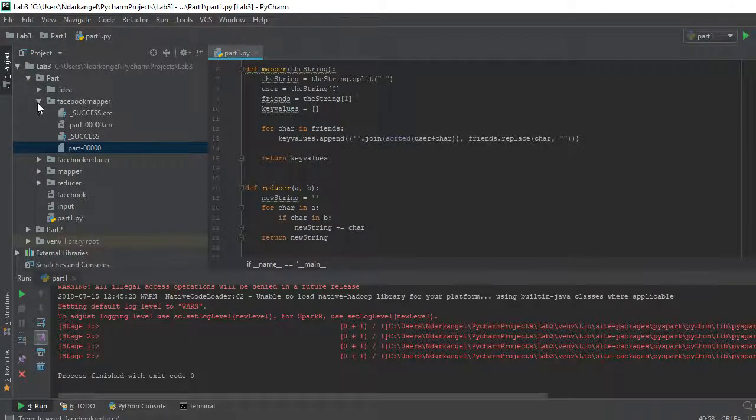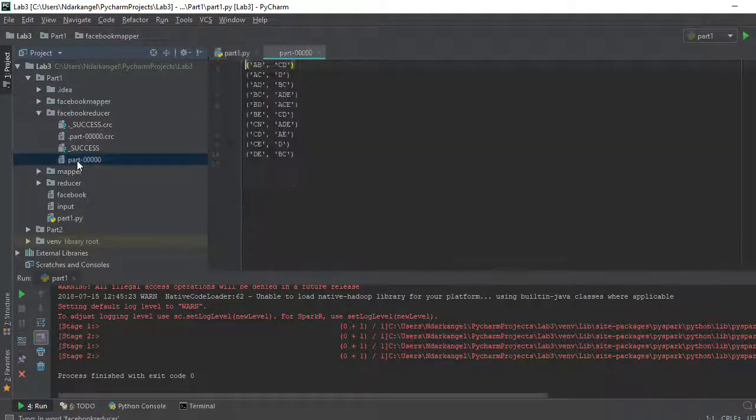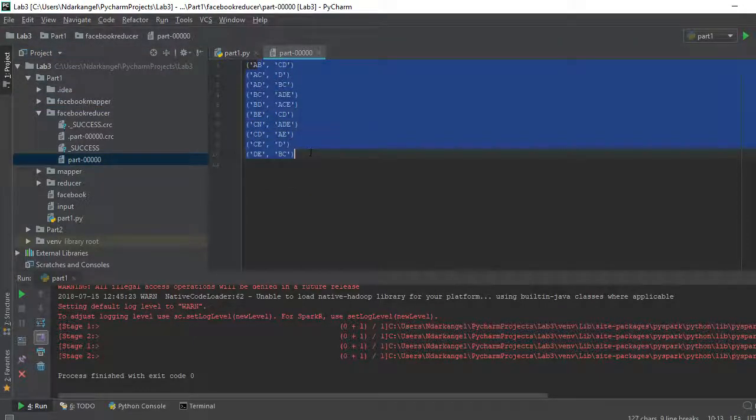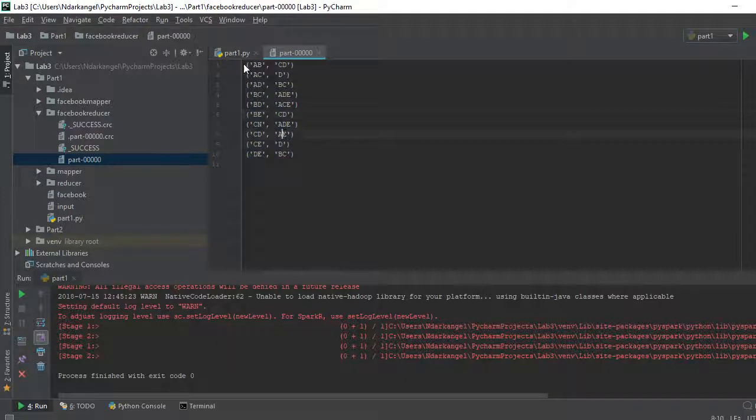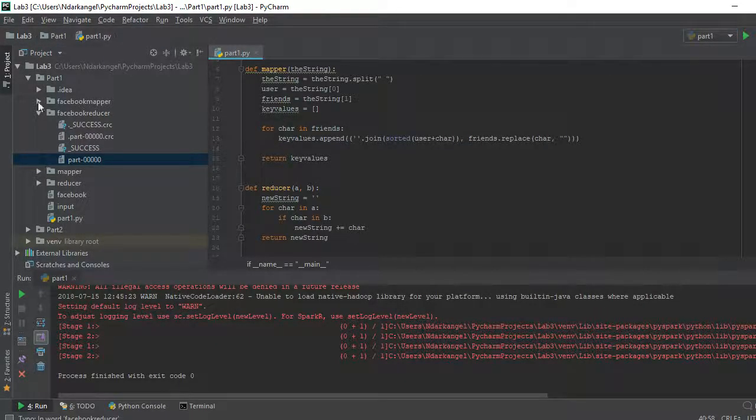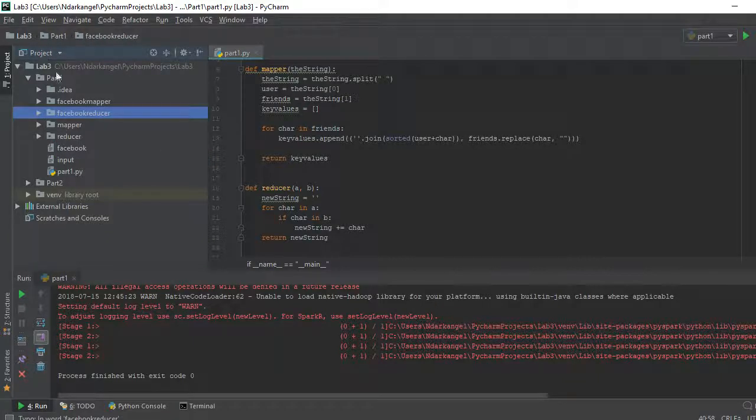And this is the last part: you see the result, reduced, and it finds the common friends. I think our input was a much better way to show how the MapReduce works.